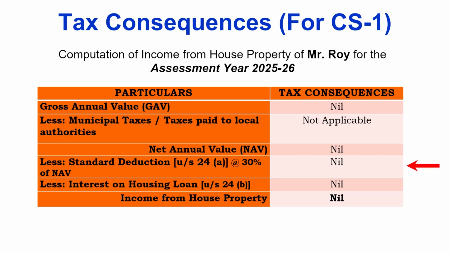Standard deduction under section 24 subsection A, that is 30% of net annual value, that is nil. Now less interest on housing loan under section 24 subsection B, that also is not mentioned over here, so we assumed nil, so income from house property becomes nil.